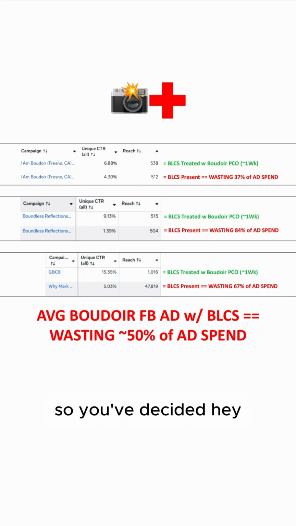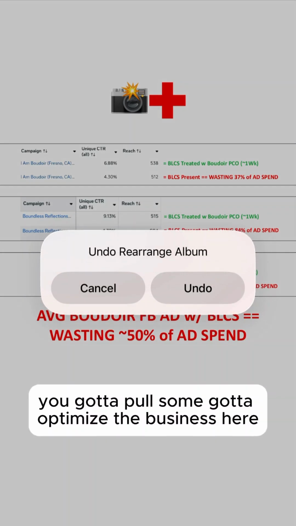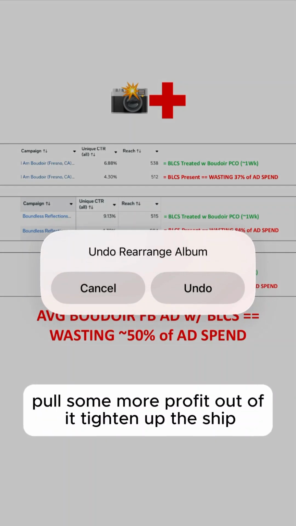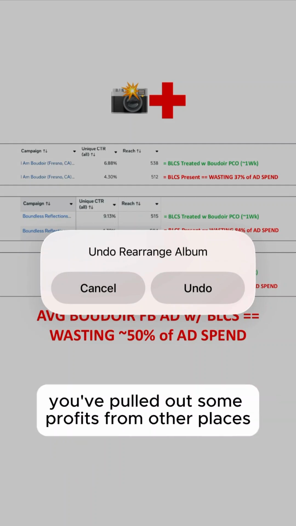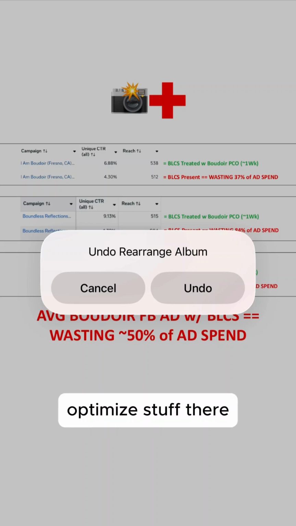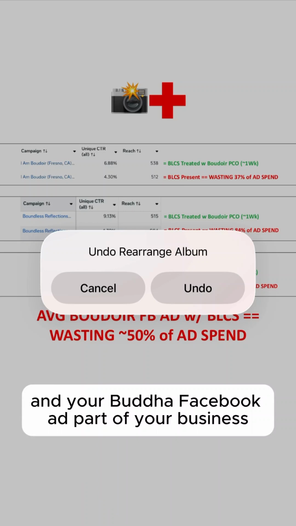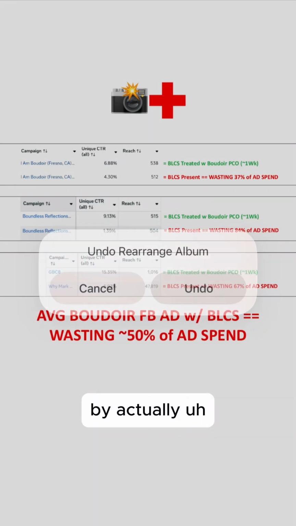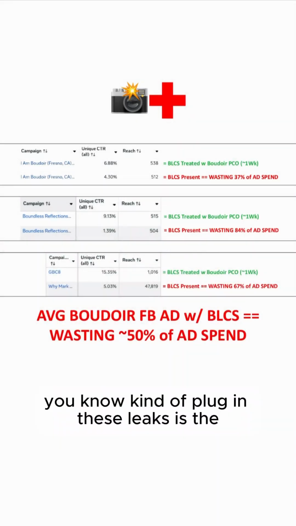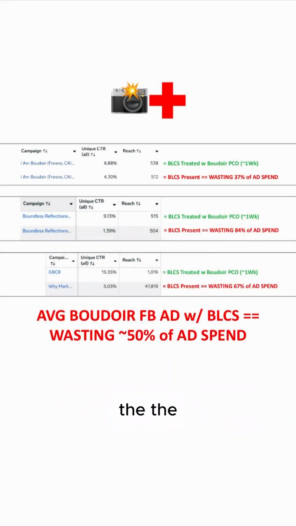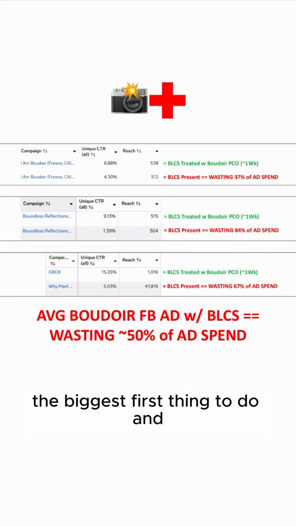So you decided, hey, you've got to optimize the business here, pull some more profit out of it, tighten up the ship. So you've pulled out some profits from other places, optimized stuff there, and now you decide you're ready to do it in your boudoir Facebook ad part of your business, by plugging these leaks, which is the biggest first thing to do.